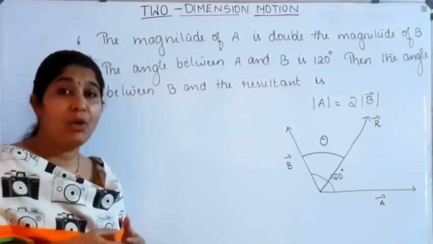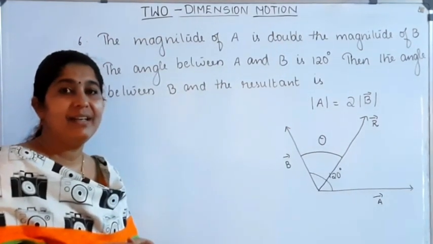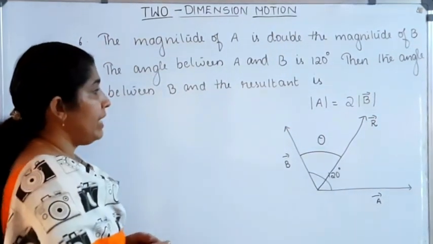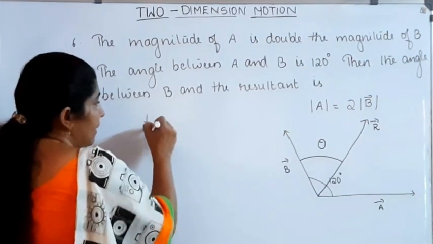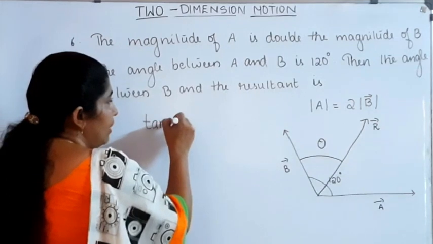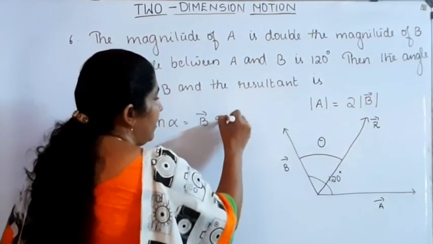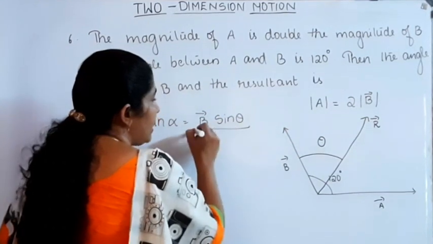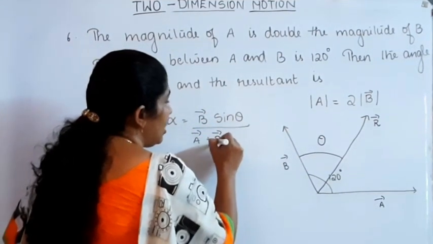In the parallelogram law of vector addition, we already studied that. What about the angle between the resultant and the vector B? To find that angle, tan alpha is equal to vector B sin theta divided by vector A plus vector B cos theta is the equation.